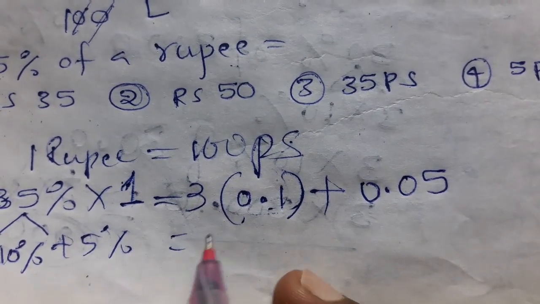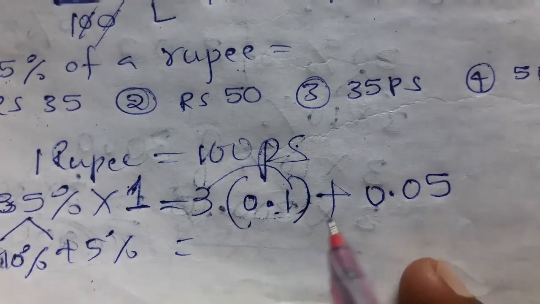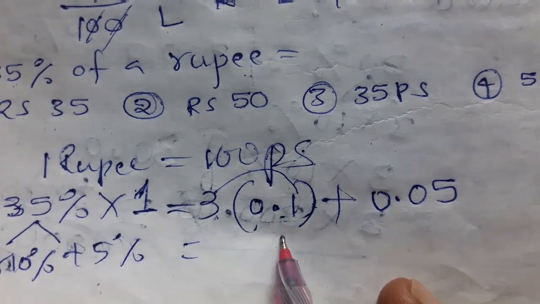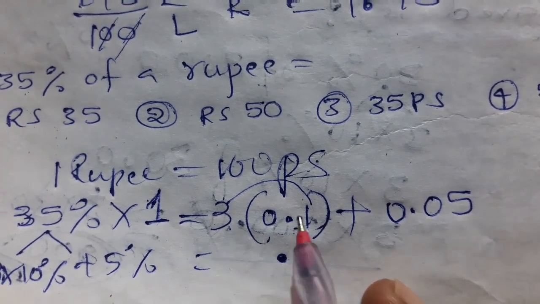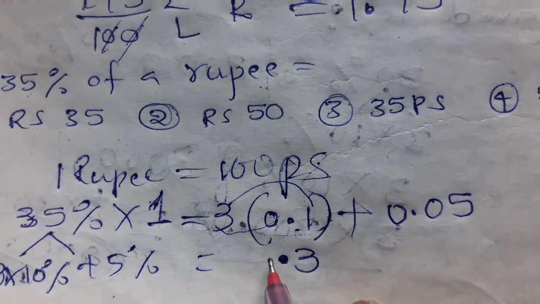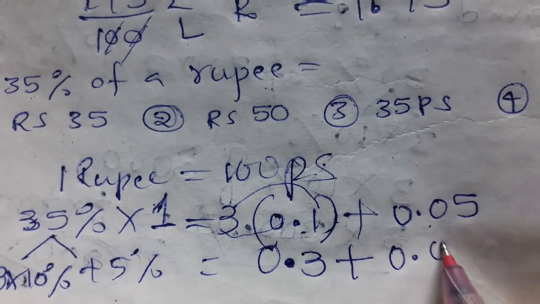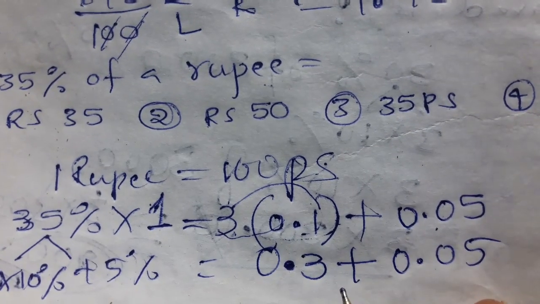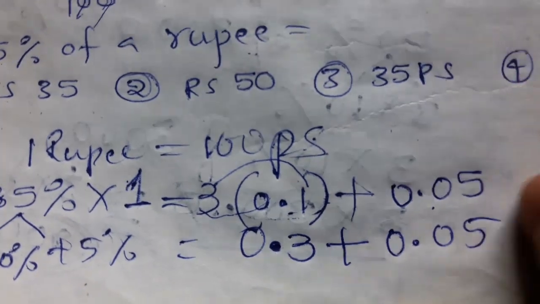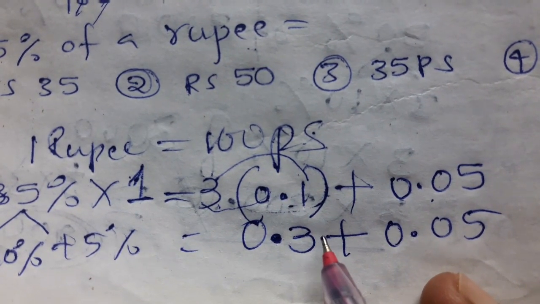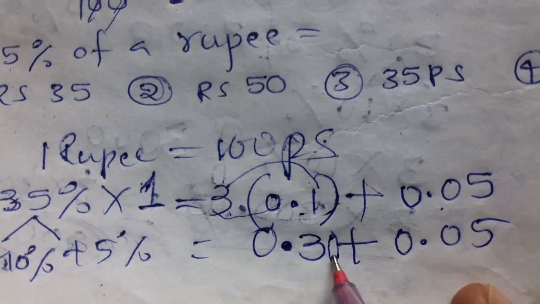Now multiply this into this. 3 into 1 after a decimal point. 3 1s are 3. Put a decimal point in the same position. 3 into 0.1 is 0.3, plus what remains, 0.05. Add these two. So see here, by adding these I am putting a 0 here.